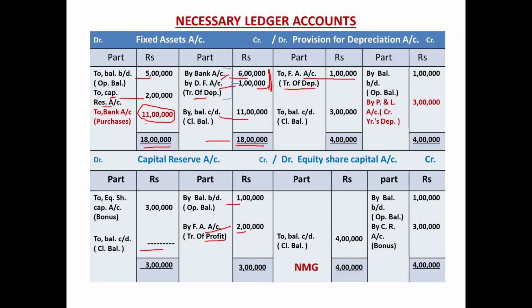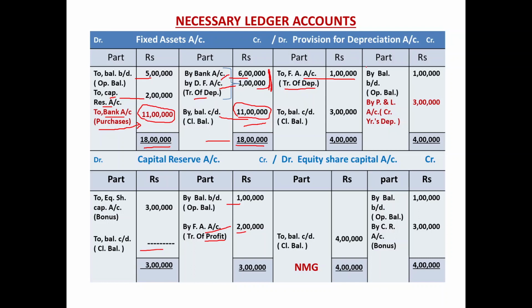It must be the purchases made during the year. Fixed assets account debited to bank account credited. So the opening balance you sold, and this purchase of 11 lakhs made here remains in the form of closing balance. So purchase is 11 lakh which remains in the form of closing balance at the end of the year.